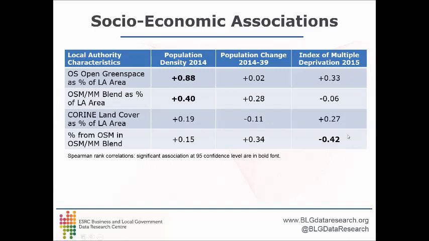And then the last column here is a correlation with the index of multiple deprivation. And I think the important point here is that you've got quite a strong, significant negative correlation between that index of multiple deprivation and the percentage contribution only from OpenStreetMap in that blend.